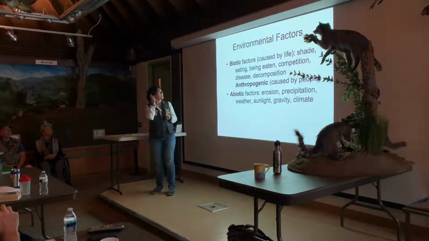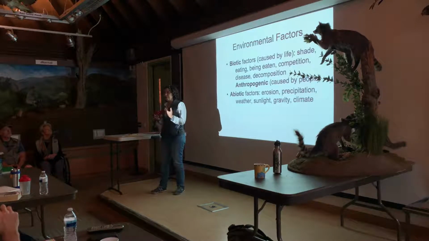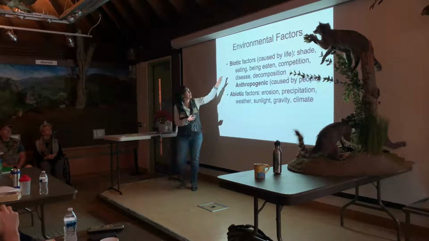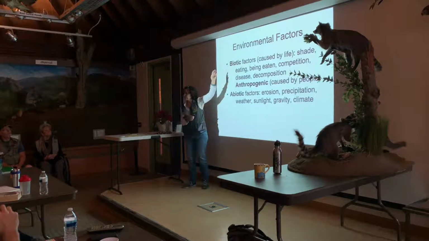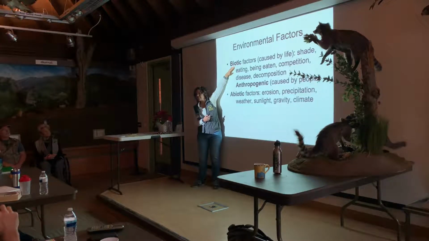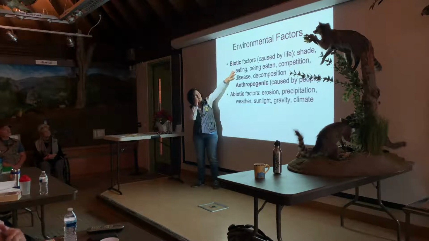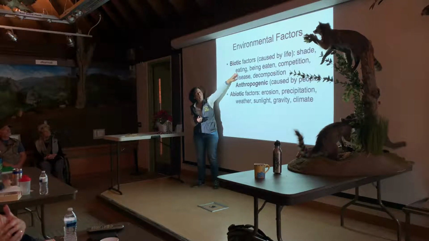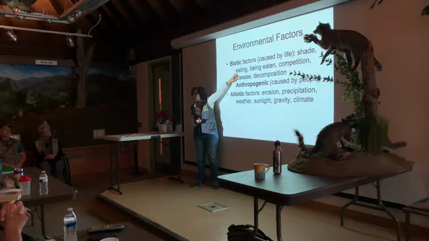Okay, and there are ways that things interact. We break those out into biotic factors, things that are caused by biology, by life. There's a lot of emphasis on eating and being eaten.